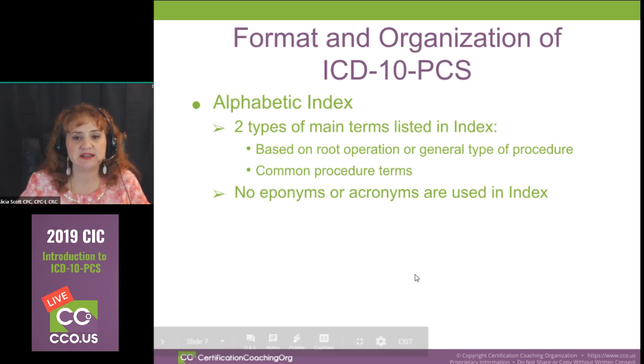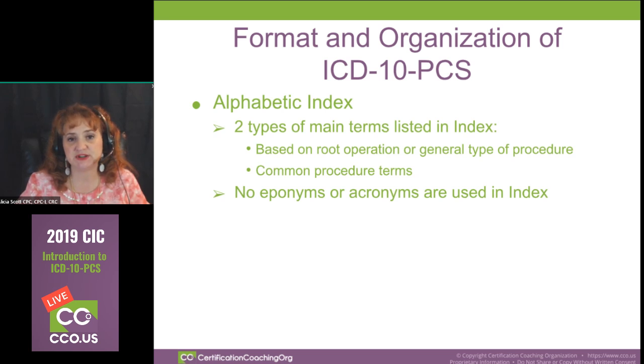In your alphabetic index, there are 2 main terms, 2 ways to look up the first 3 or 4 characters. It's either going to be a root operation or a general type of procedure. So with a root operation, if we're going to do an amputation, a BKA, a below the knee amputation, then we're going to look under removal, because that only deals with amputations.